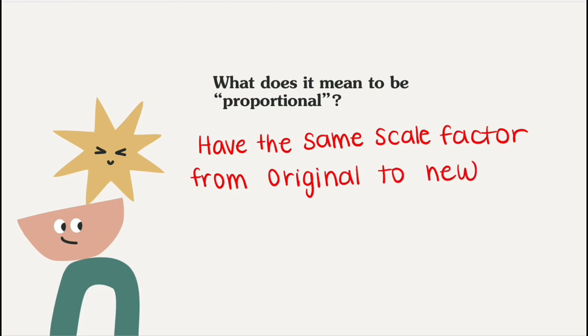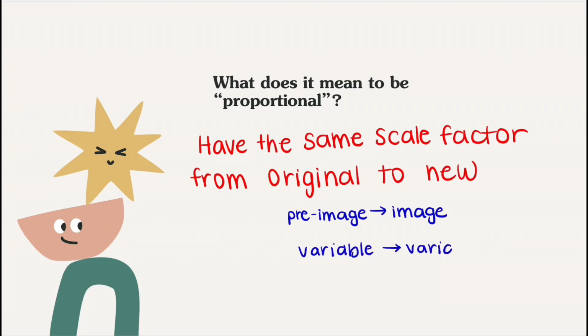And there's a reason I write original to new, because it doesn't just apply to the image, like a pre-image to an image like we had with the airplane. We also have this idea of proportionality with variables. So I can go from a variable to another variable and check for proportionality that way.